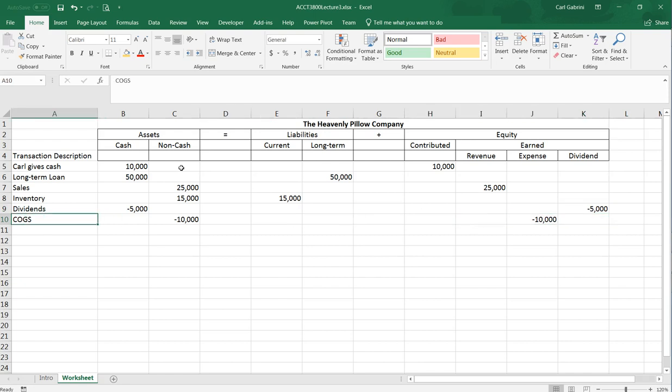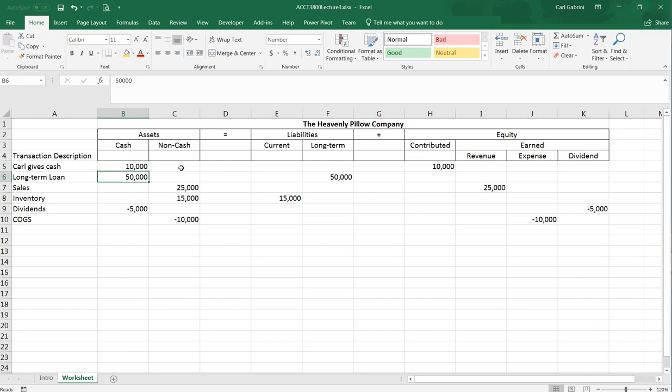So what we have is, again, I told you, how did we impact cash? Well, the only thing that impacted cash directly in the period is the cash that I gave the company. This is a financing activity. And so I've contributed $10,000 in cash to the company, so that's a cash inflow in financing activities.